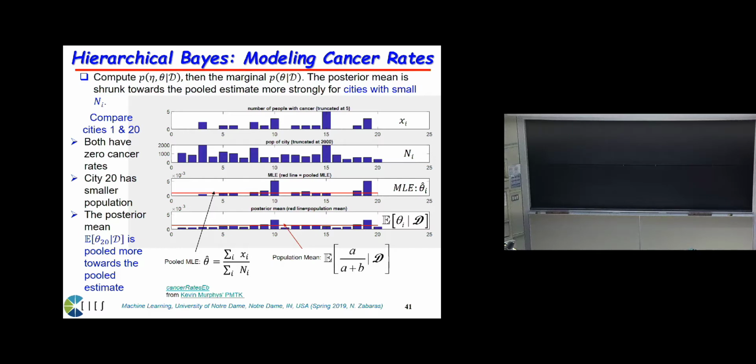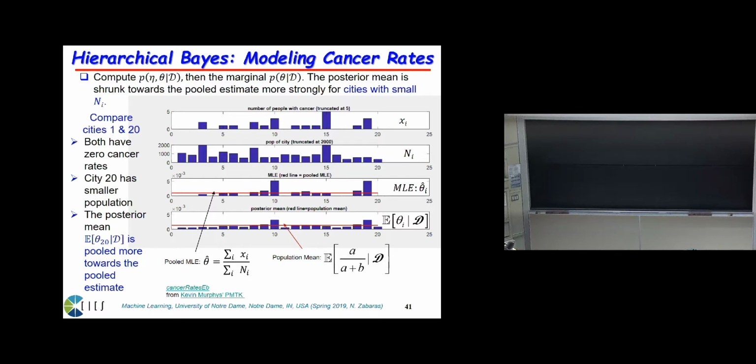And remember what is really happening in computing these posterior means: the cities that have very high MLEs have to come down in their estimates, and the cities that have 0 or very small have to go up. So what's happening to CT19? The MLE estimate is very high, but this MLE estimate is way far away from the pooled MLE, or even this population mean, as I define it, the mean of the prior.